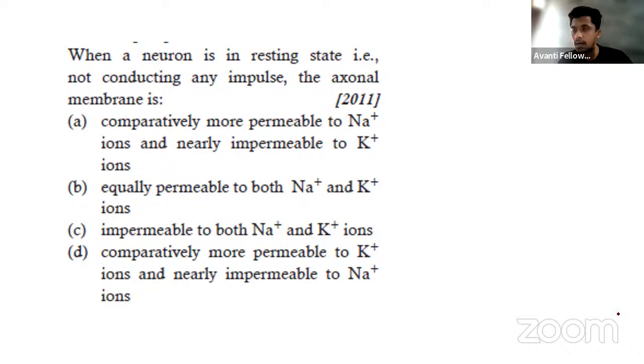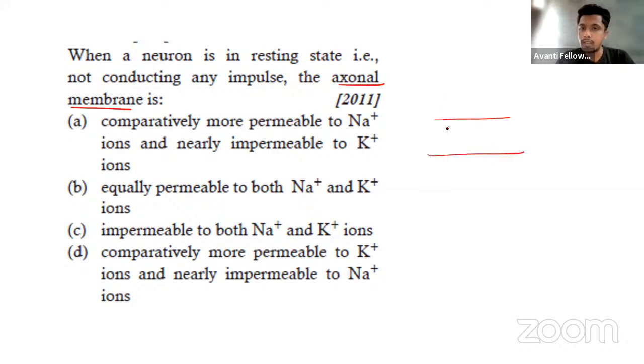So let us discuss the answer for this question. The question is asked about the neuron's resting phase, whenever it's not conducting any impulses. When we talk about its resting phase, I told you that the neuron is polarized and it is an excitable membrane.